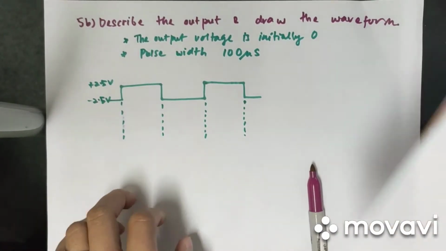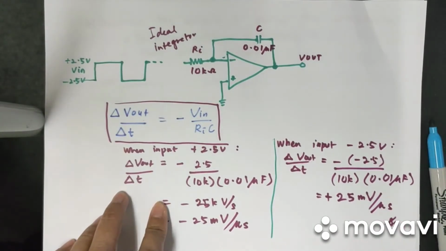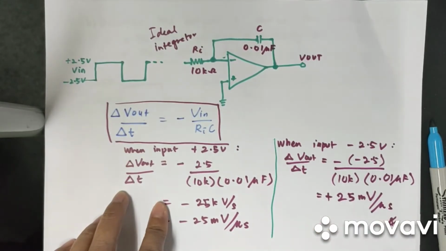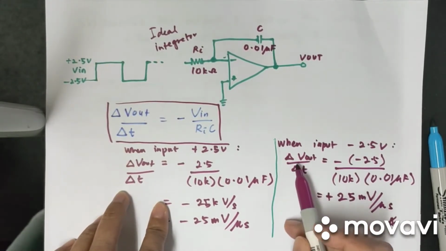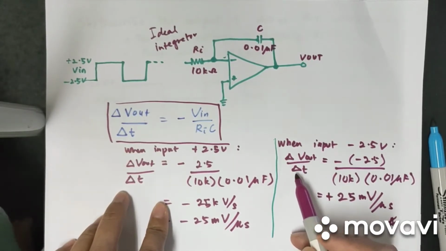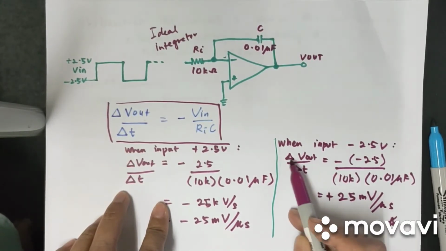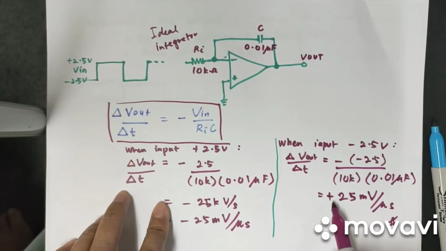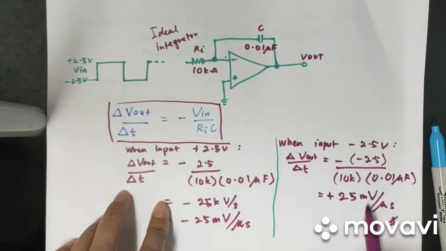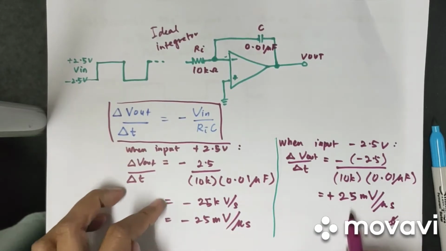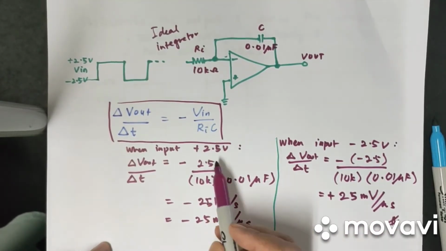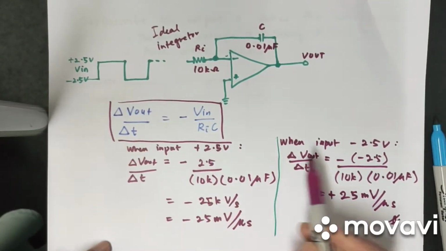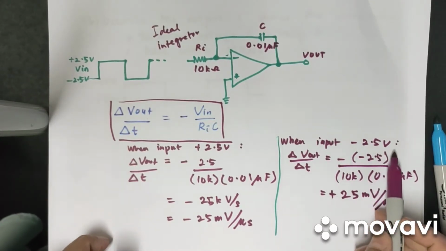So just now we managed to get the rate of change of the output, which is delta V out over delta T. We managed to get positive 25 millivolt per microsecond when the input is positive 2.5, and negative when the input is negative 2.5.